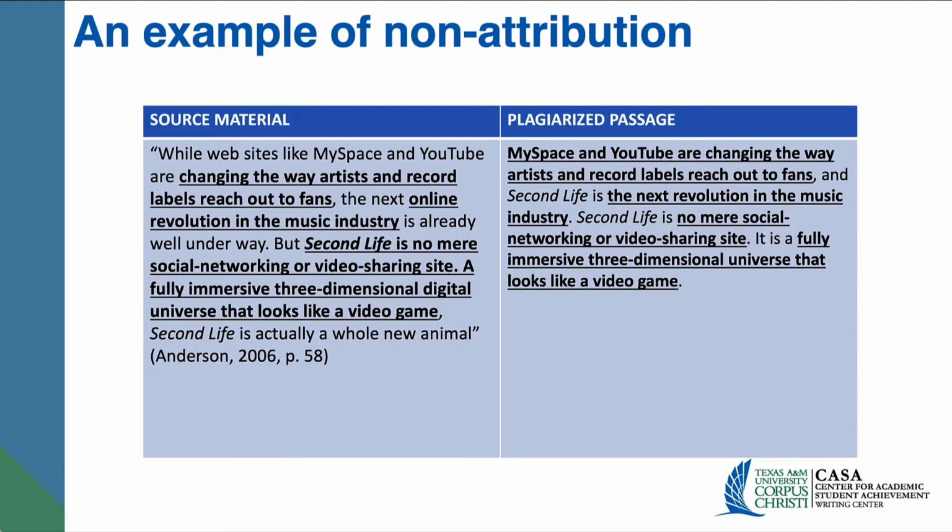Here is an example of non-attribution. On the left, you have the source material, and on the right, you have the plagiarized passage. You'll note that they both look similar, but that the left-hand side included a parenthetical citation with the author's name, date, and page that this quote is cited on, whereas the plagiarized passage doesn't.